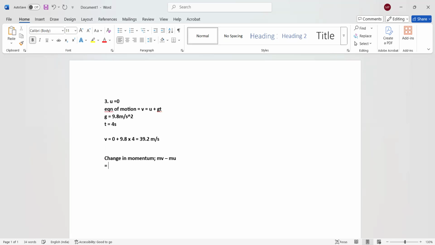Now substituting the values, 0.5 into 39.2 minus 0. And the value will be 19.6.